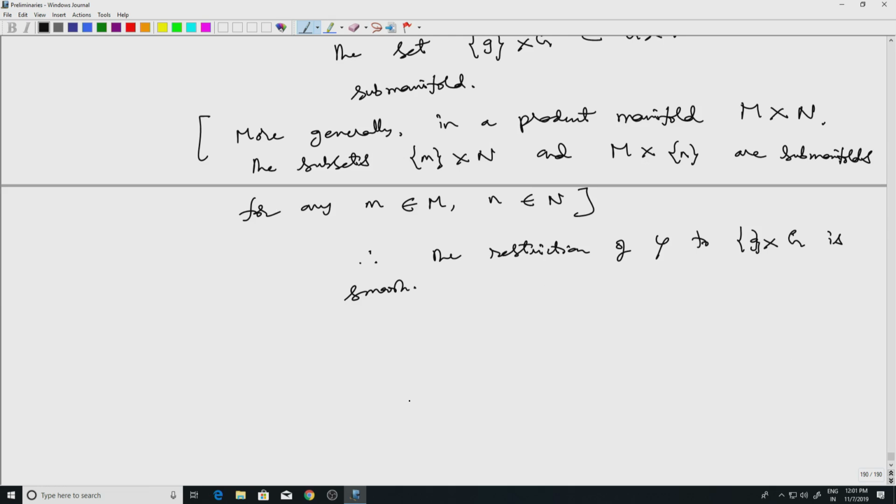That is, the map (g,x) going to gx is smooth.